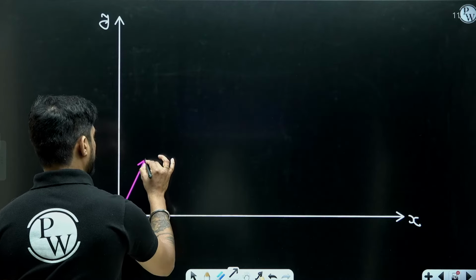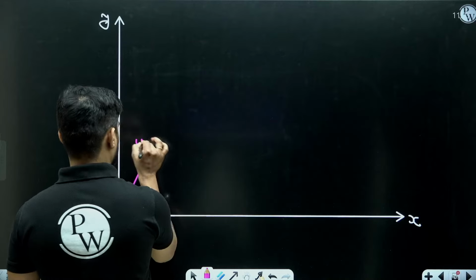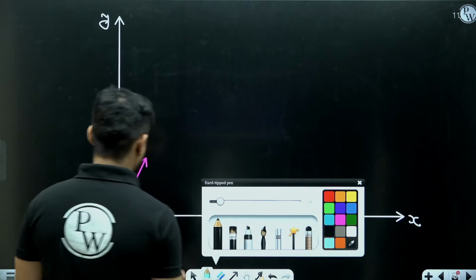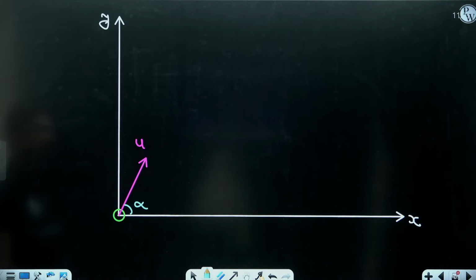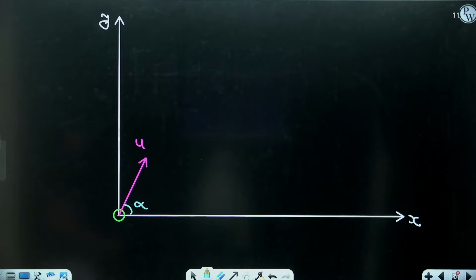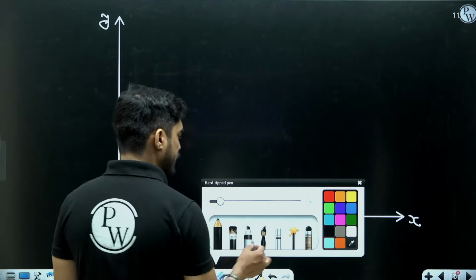You have given this football an initial velocity at an angle alpha, and now the football moves like this.